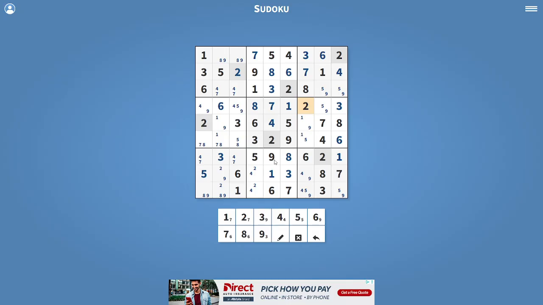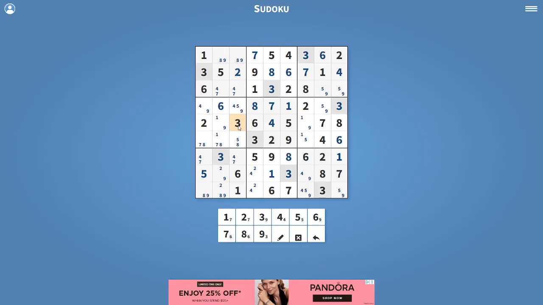Nothing new developing with the 2s. Of course, I haven't marked anything down. This is the part where we just hit check. Oh, I was wrong. Well, that's funny. I did that whole thing.